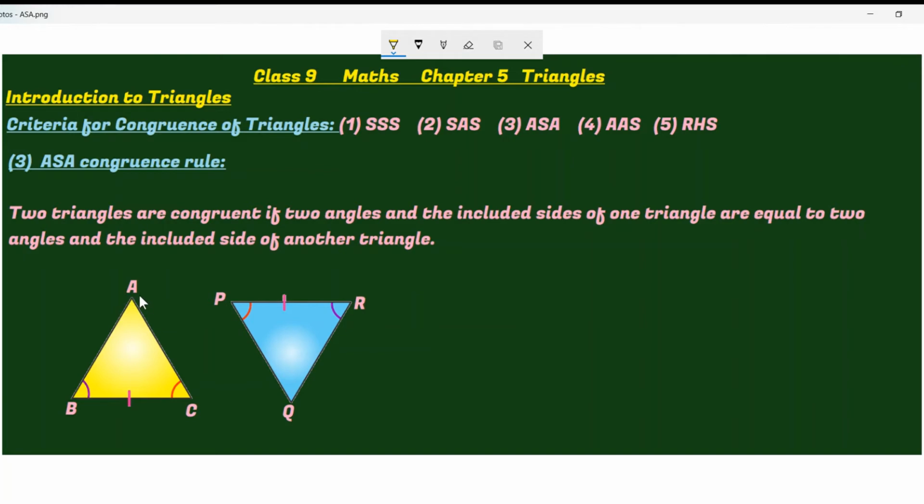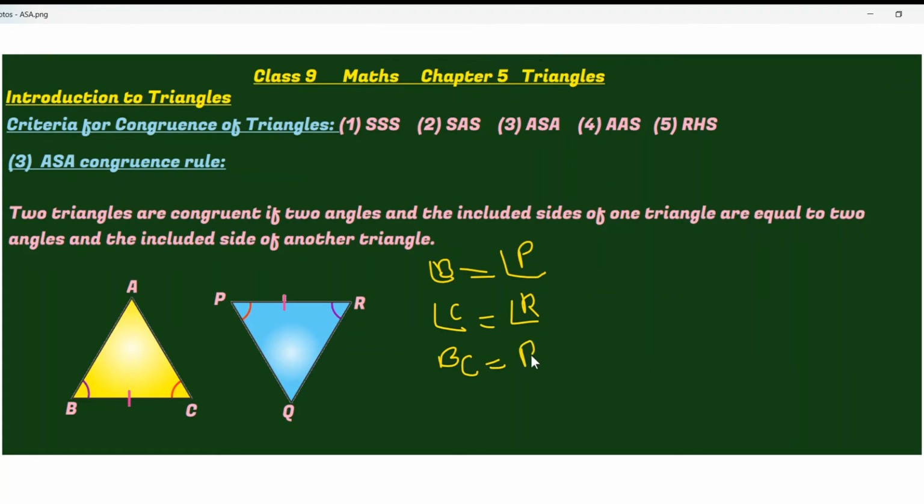Two triangles are there, ABC and PQR. Here you can see angle B is equivalent to angle P and angle C is equivalent to angle R, and the included side BC is equivalent to QR.